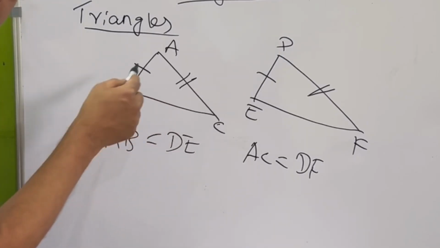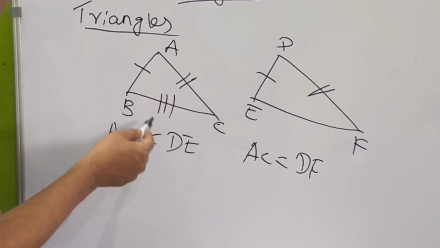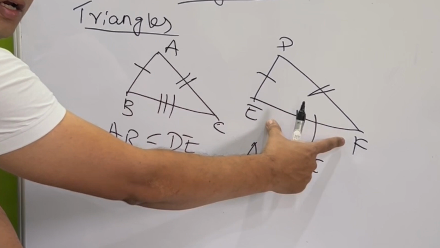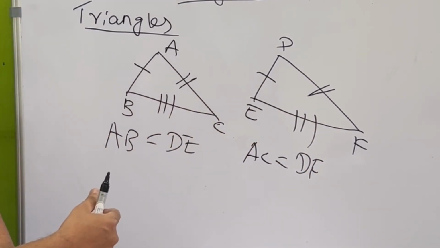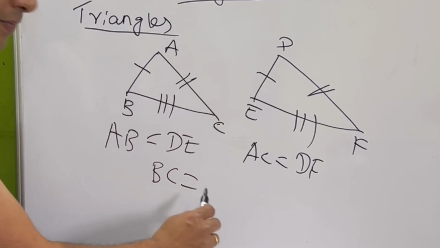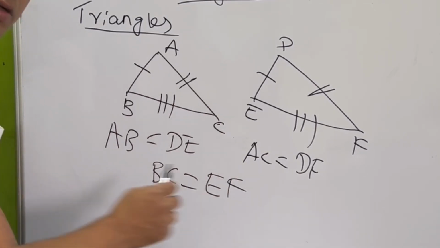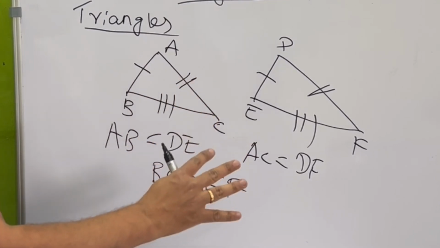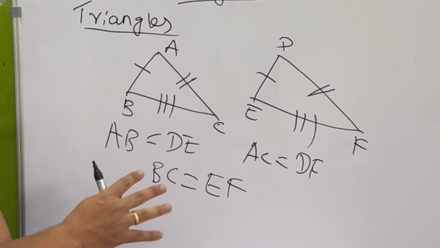And similarly for the third one, if it is given with three lines, that means these lines are of the same length, that means BC is equal to EF. So this is the basic understanding here, and we can say both of them are congruent.